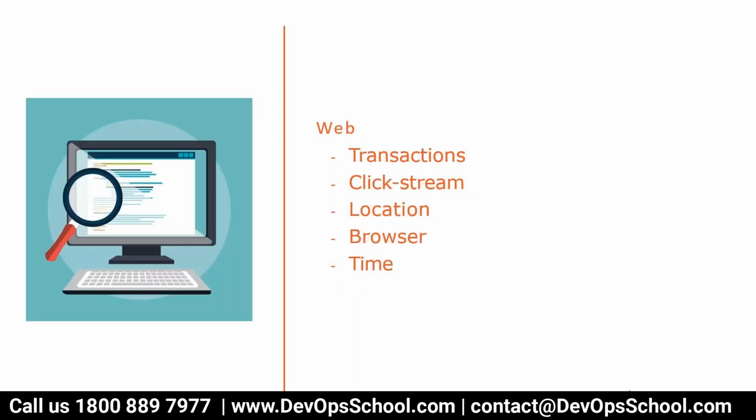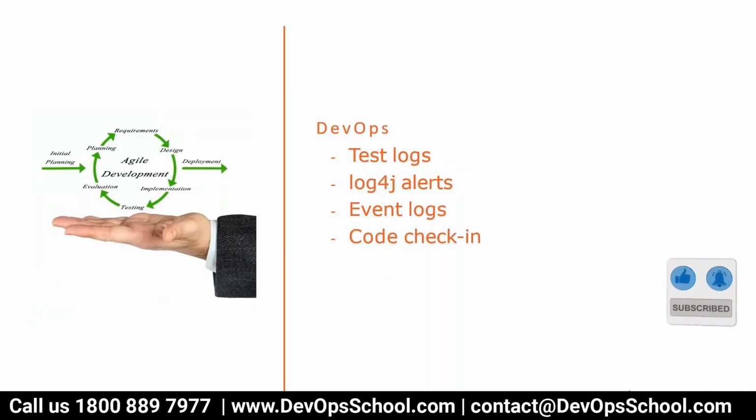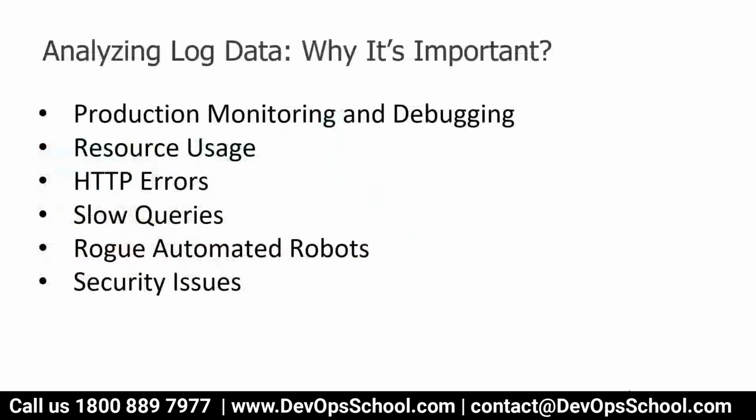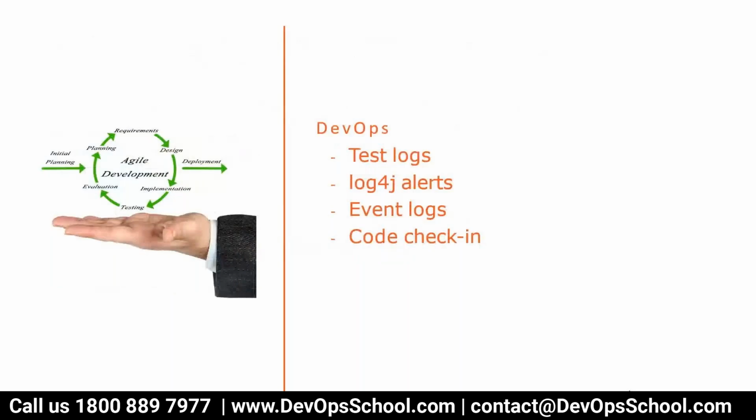Web transaction logs, clickstream logs, location logs, browser time. DevOps also generates many logs, which include test logs, log4j alerts, event logs, code check-in, and so on. IoT also generates GPS, RFID, biometric, temperature, and all. So if you look at this, we have logs everywhere.